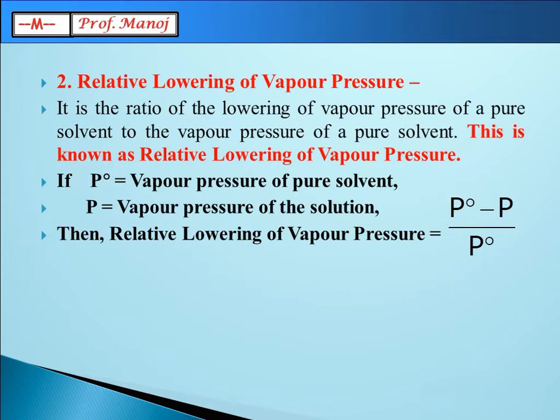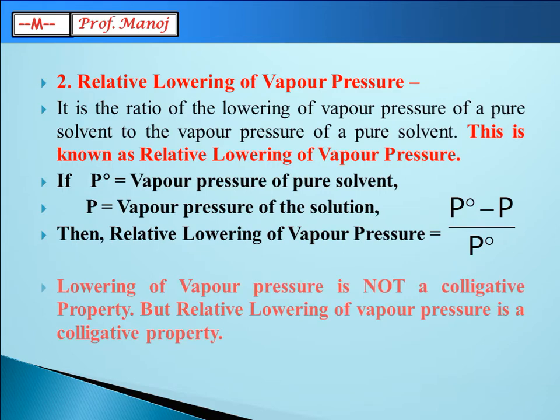If you see this equation very simply, the numerator is the lowering, the denominator is the original value. A very important point to note is that lowering of vapor pressure is not a colligative property, but relative lowering of vapor pressure is a colligative property.